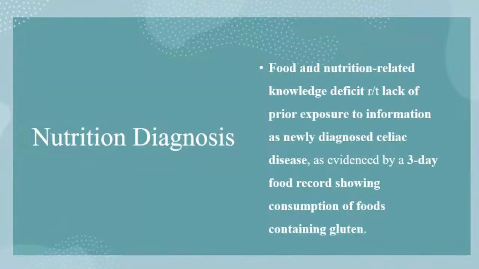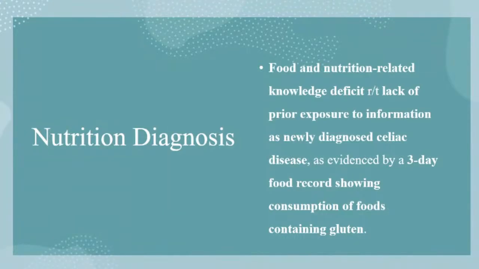So it means that he lacked prior exposure to information about that particular disease. So that is why the cause I chose is lack of prior exposure to information as newly diagnosed celiac disease. Okay, so food and nutrition related knowledge deficit, which is a nutrition problem label, related to lack of prior exposure to the information. The person does not have any information about that condition.